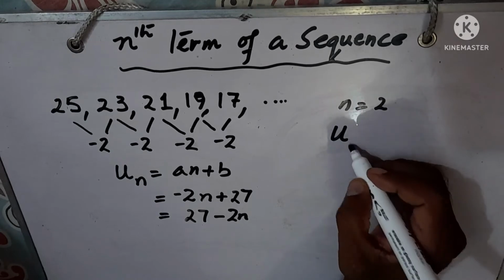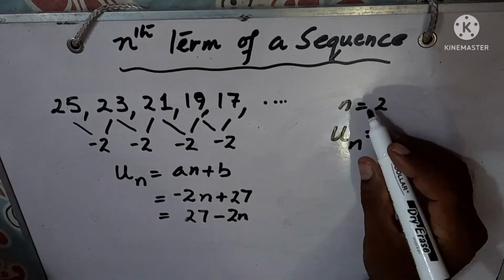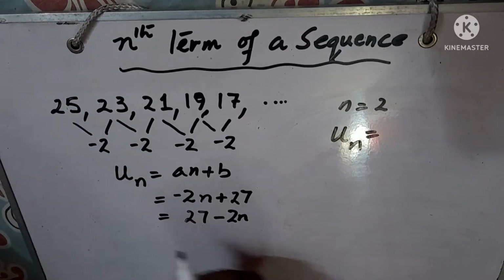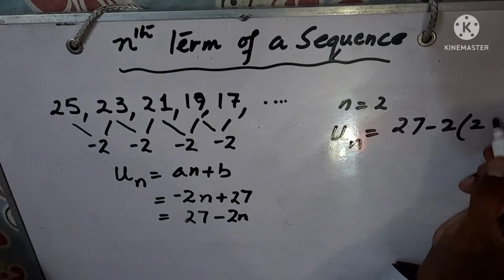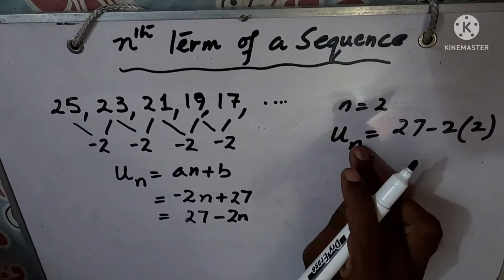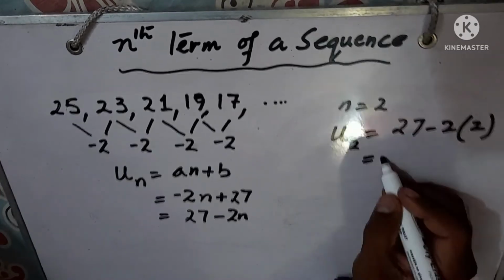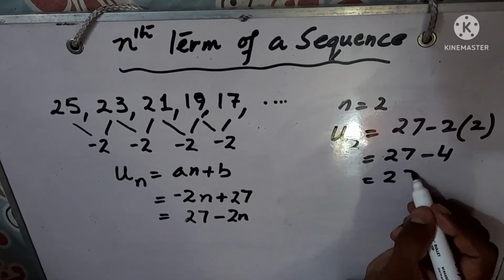I start with un equals 27 minus 2n, and I substitute my n with 2. So 27 minus 2 times 2, replacing my n with 2. So 27 minus 4 gives me 23.